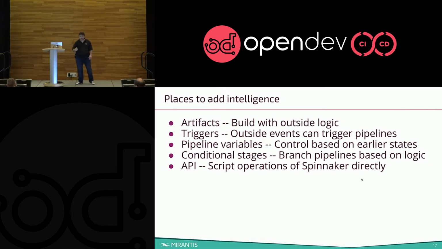Spinnaker also has an API that you could, if you really wanted to, go ahead and script that directly. They're also putting together a CLI, from what I understand. Now, these are the three places where we are going to demo. Triggers, pipeline variables, conditional stages.